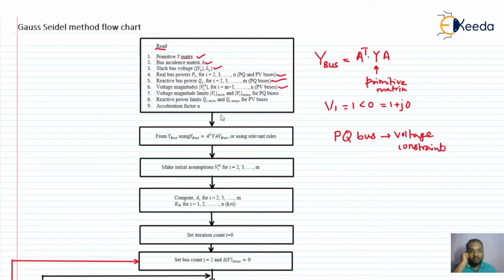You read those constraints: the minimum value of the voltage and the maximum value of the voltage. Again, for the PV bus, Q constraints will be specified. So you read that Q minimum and Q maximum for the PV bus.